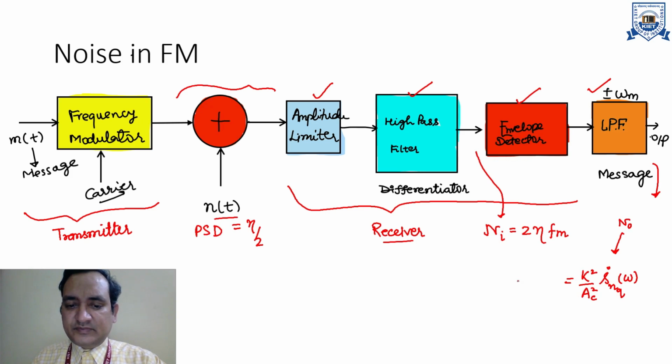So this is the power spectral density at the output of an LPF for this system. From this expression, it was clear that the output power spectral density is proportional to the frequency square, which is the modulating frequency.